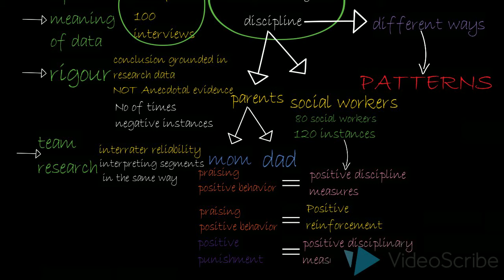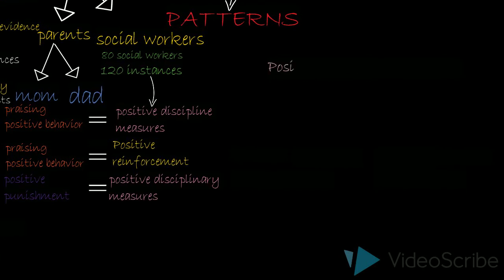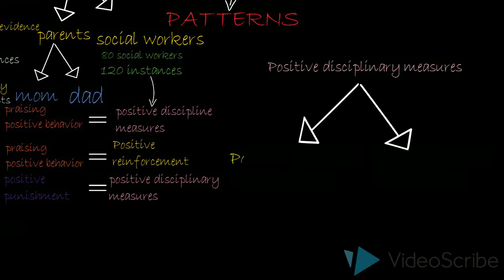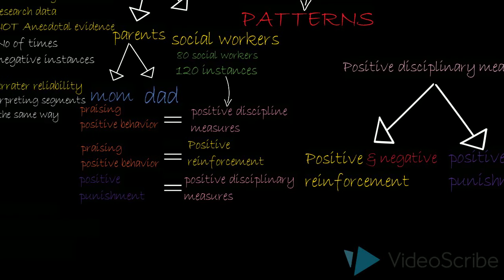So now, this can lead to a series of interesting questions, such as what goes into positive disciplinary measures? Maybe it could include both the positive reinforcement and the positive punishment. Maybe it could include negative reinforcement too, like ignoring a whiny child, or even negative punishment, like removing a privilege after some undesired behavior. As long as researchers are consistent in their coding and as long as their interpretations are based on the same theory, the research should turn out well.